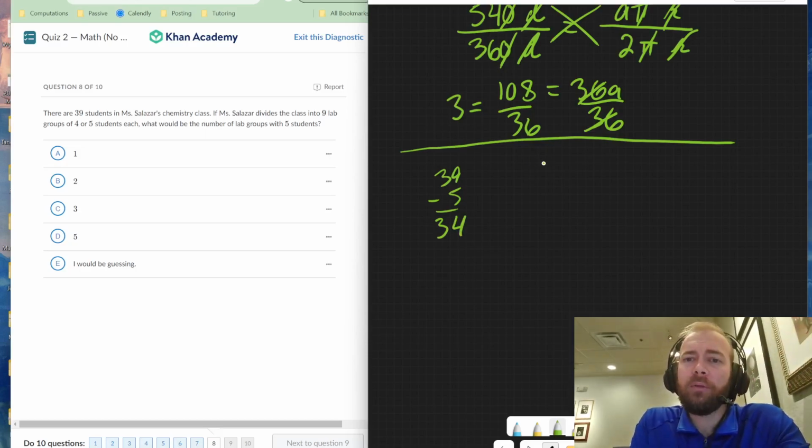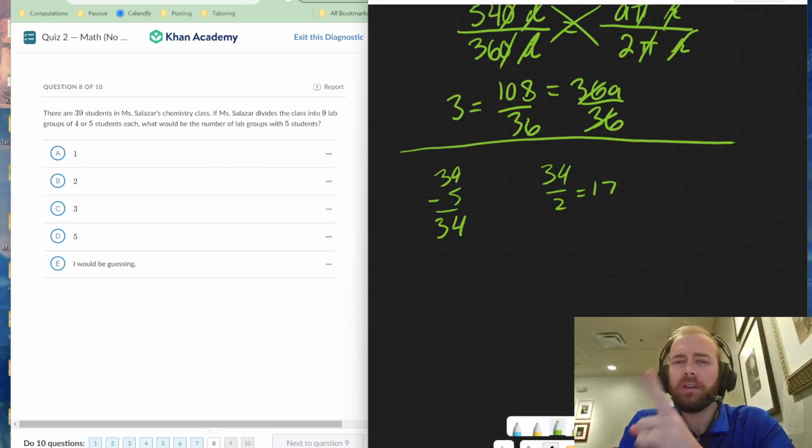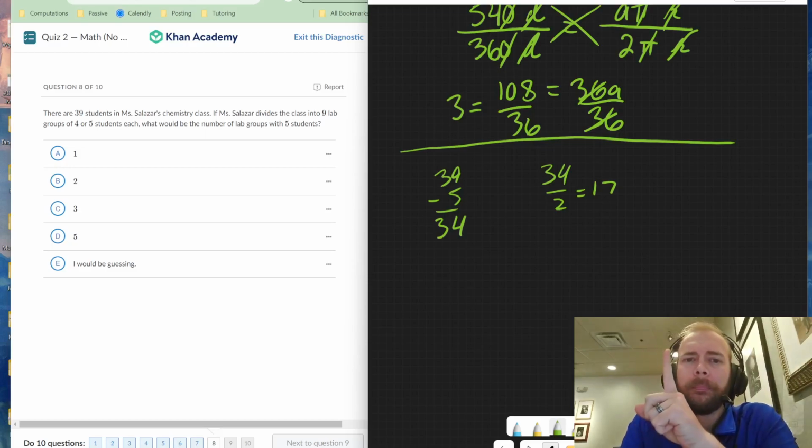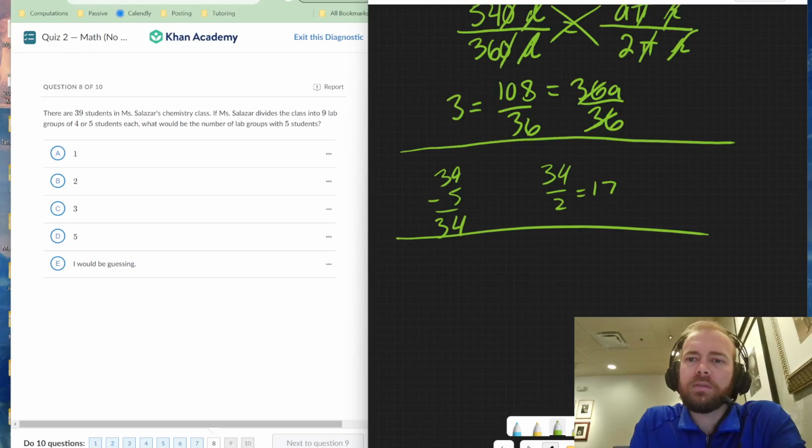But 34 doesn't divide by 4. It divides by 2, but then that's 17. So 34 doesn't divide by 4. There can't be exactly one group with 5 students, because then there'd be 34 students left, and you wouldn't be able to split the rest of the students into even groups. See how that works? So do it again.